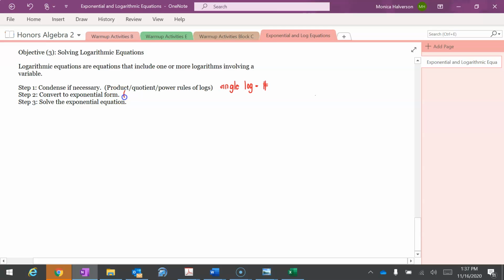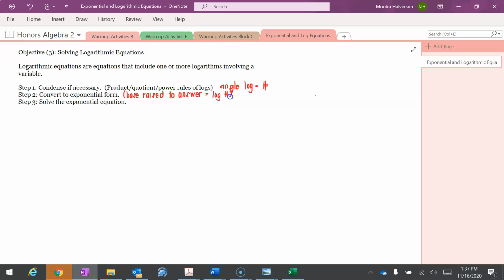And remember, the saying for that is the base raised to the answer equals the logarithmic number. And then, once you've converted into exponential form, you solve the exponential equation just like we did in the previous video.